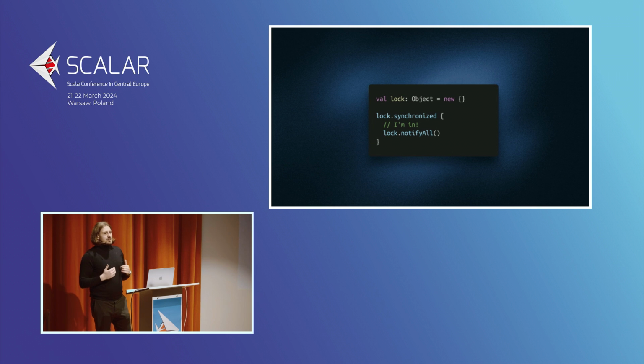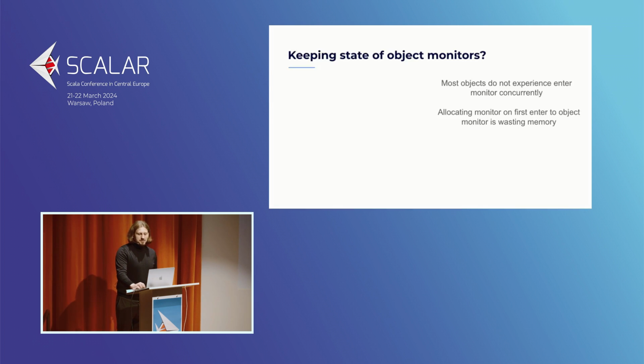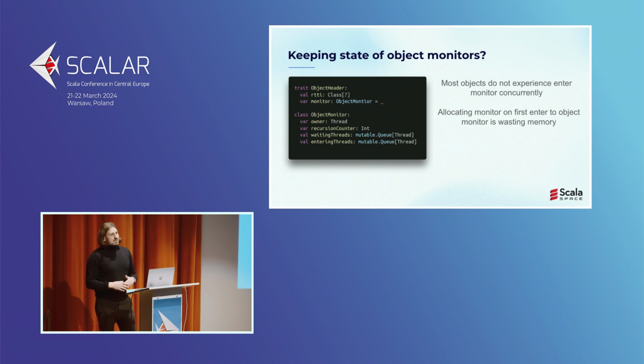Because if you want to synchronize, you need to remember the state of this monitor, of this lock. So in fact, all the objects, or rather the layouts of the objects on the JVM, and unfortunately currently also on Scala Native, need to keep not only the runtime information of the given class object, but also the additional monitor information.